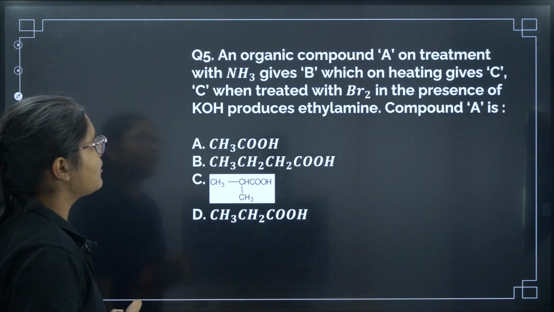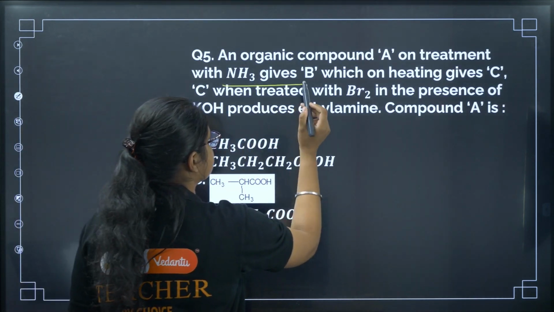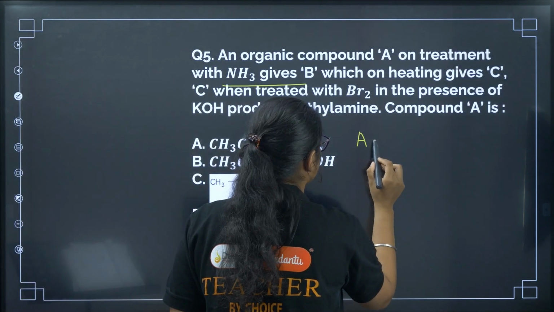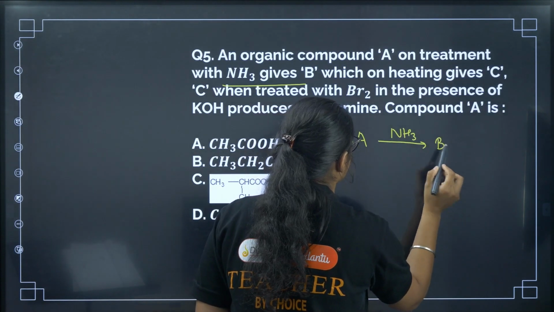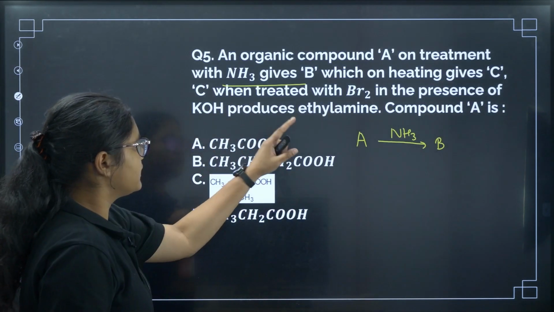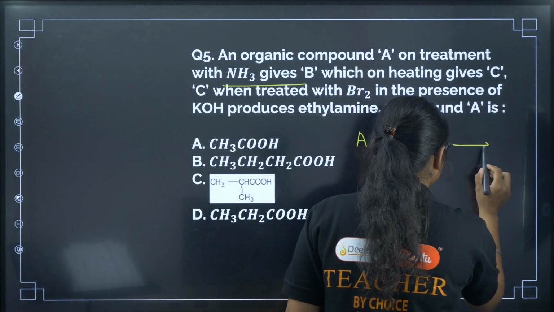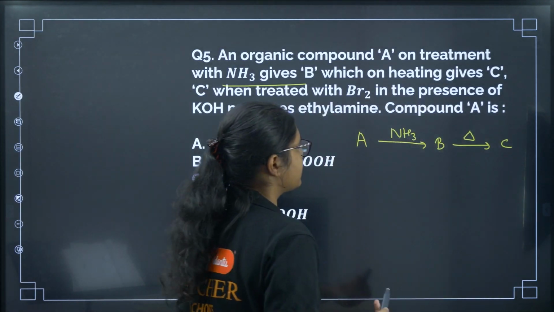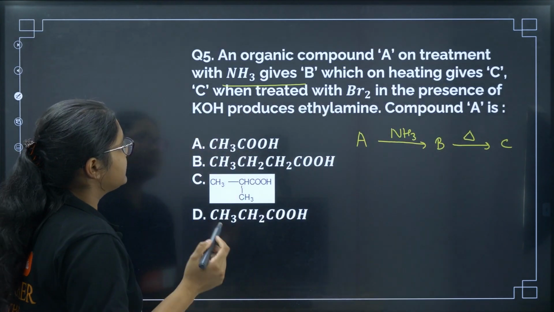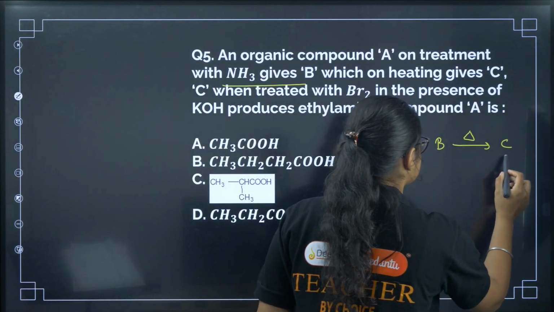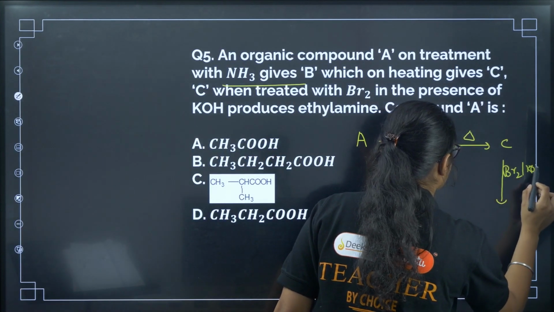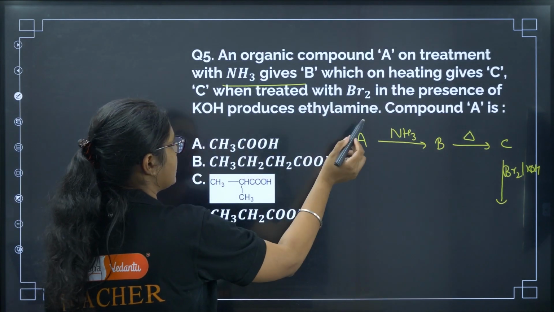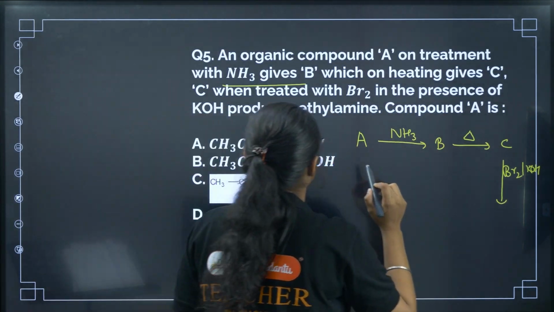Next, an organic compound A on treatment with NH3 gives B. So first write down here, organic compound A on treatment with NH3 gives B, which on heating gives C. Then C is treated with Br2 in presence of KOH, and we get the compound ethylamine.